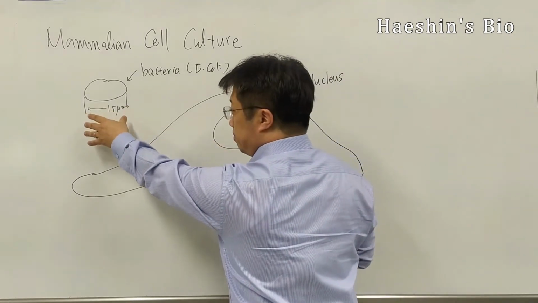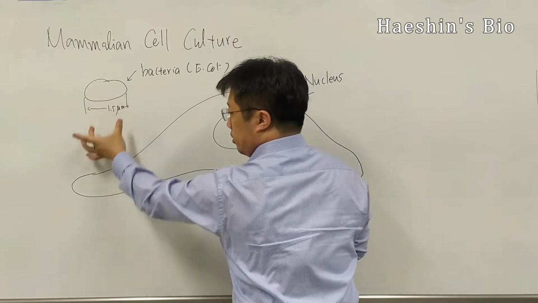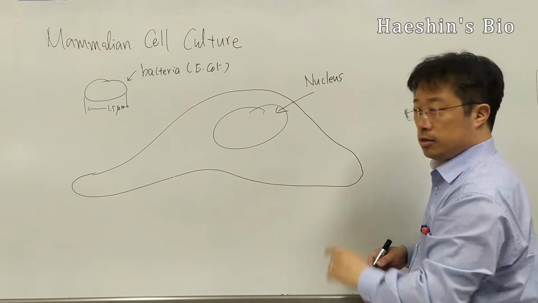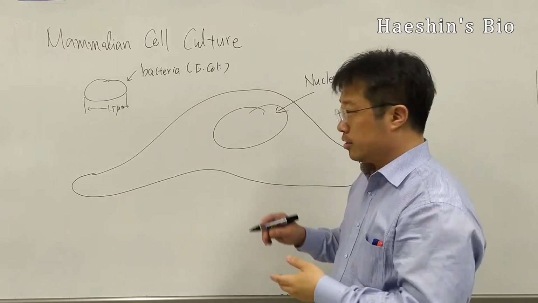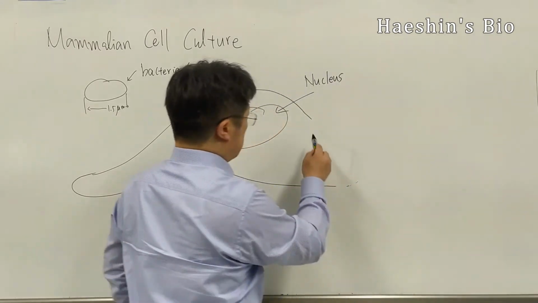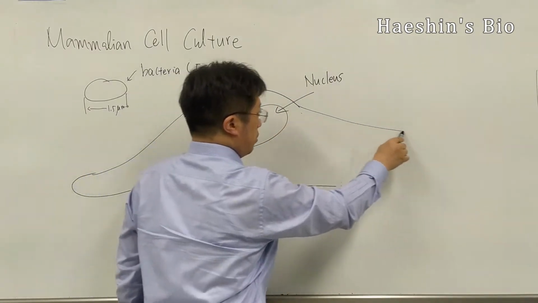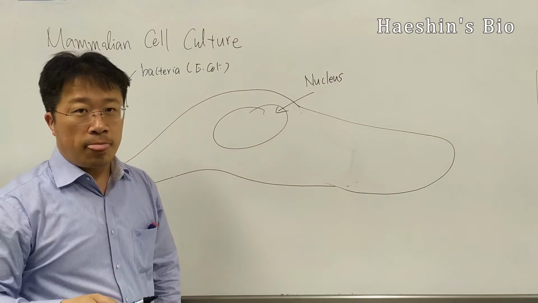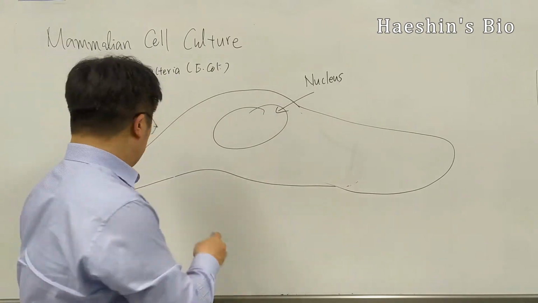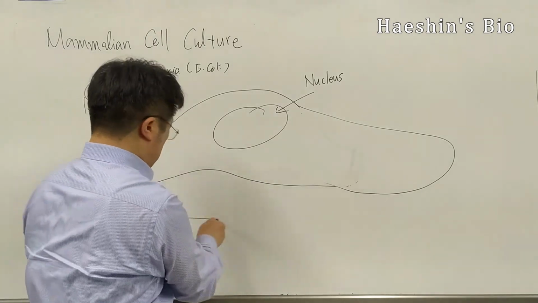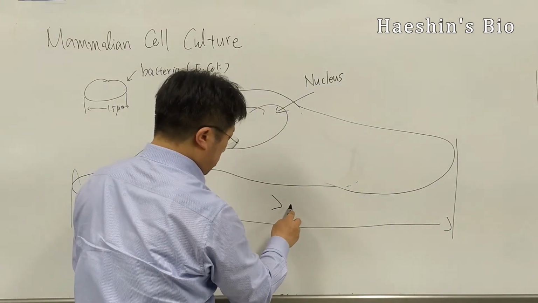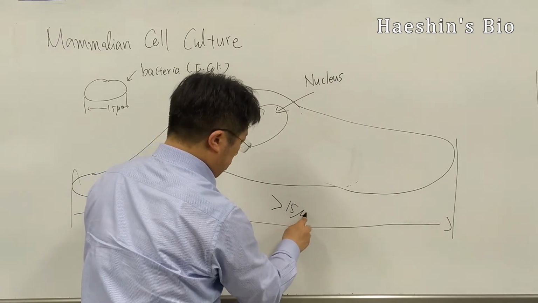If this is a bacteria, then 1, 2, 3, 4, 5, 6, 7, 8, 9, about 9. Then it's more than 10, so I should draw even bigger than this. About like this. This is the size of the mammalian cell, more than 10 microns, from here bigger than, say, 15 microns.